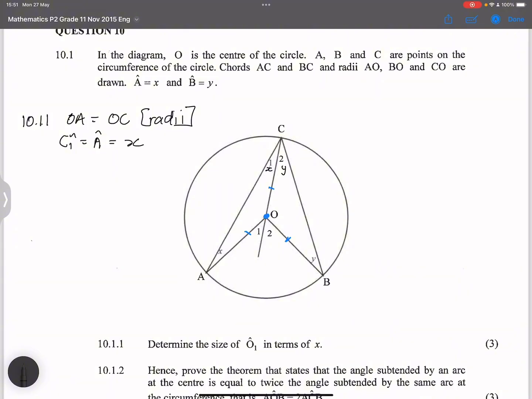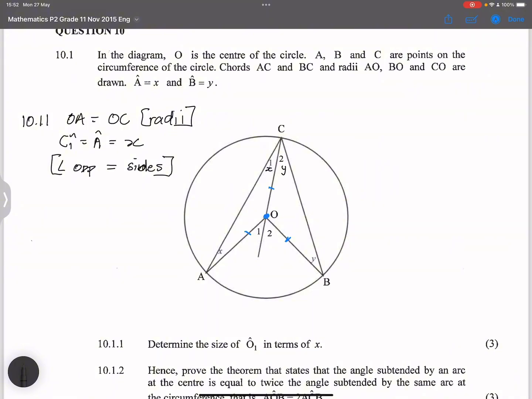And what would be the reason there? We say angles opposite equal sides. Or you can actually say that this is base angles of an isosceles triangle, right?